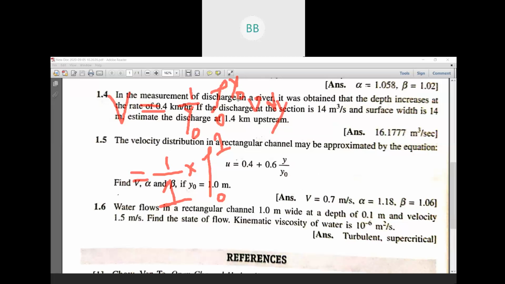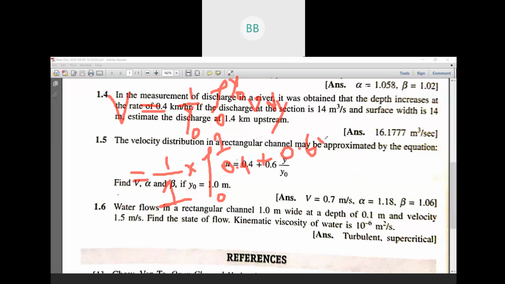Then in place of small v we are going to substitute the equation, that is 0.4 plus 0.6 y by y naught.